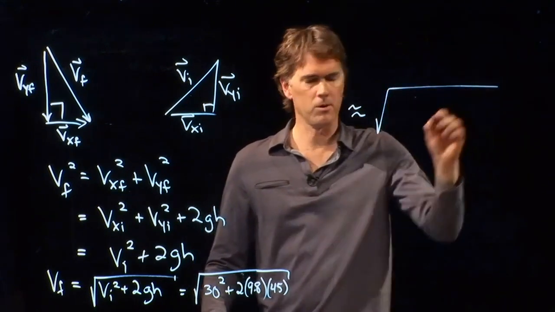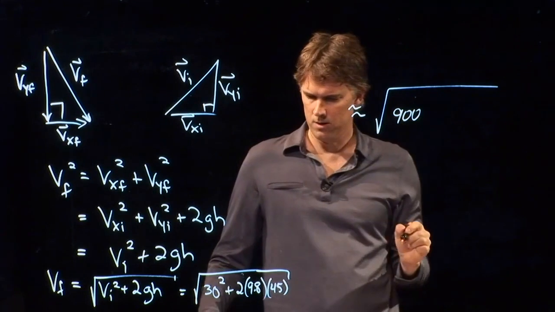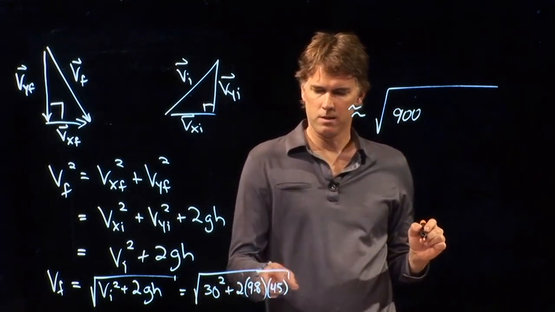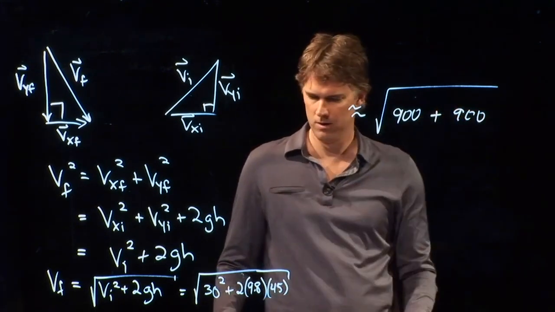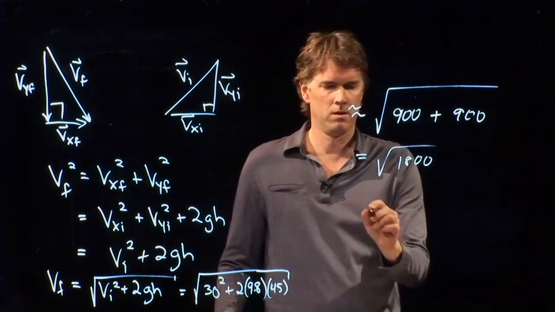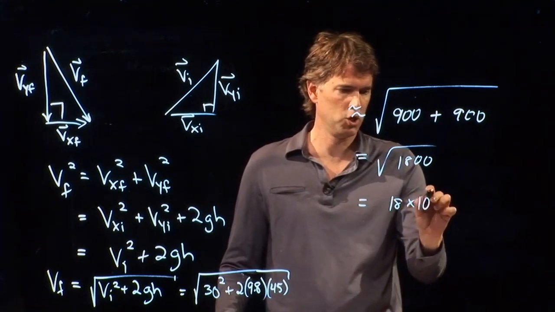Okay, so we've got the square root of 30 squared, which is 900. 2 times 9.8, that's basically 20, times 45 is roughly another 900. And so that is 1800, which is 18 times 10 to the 2.